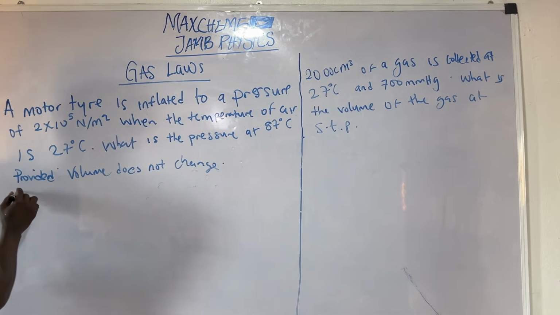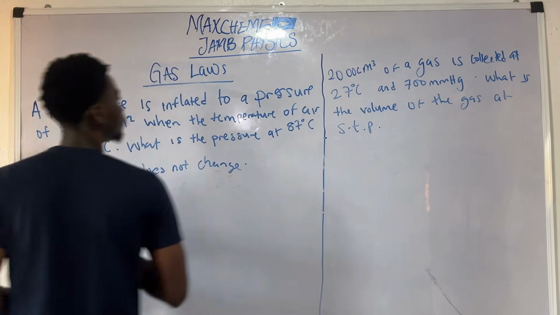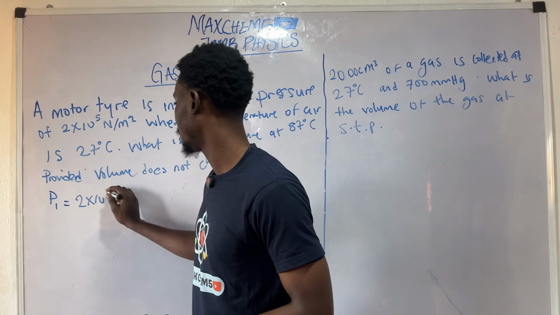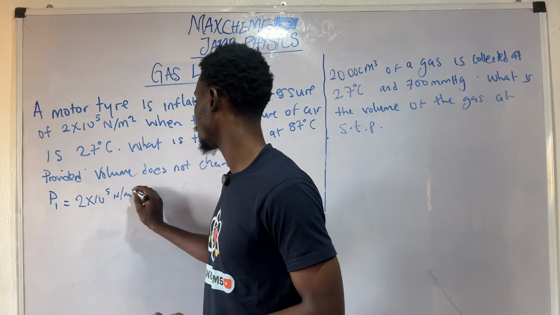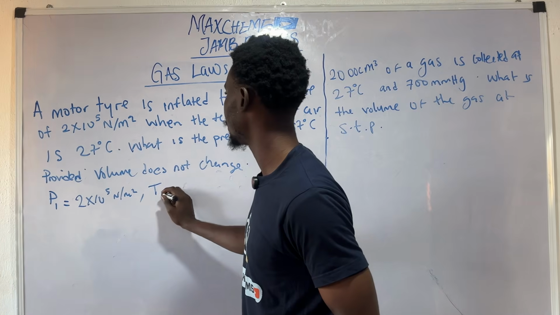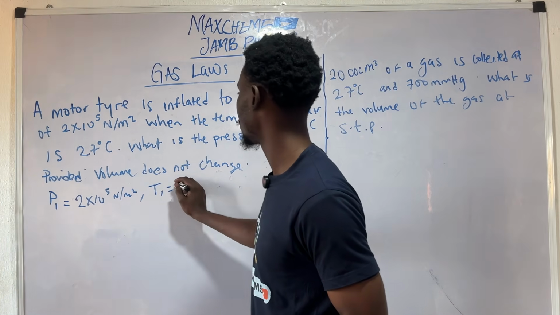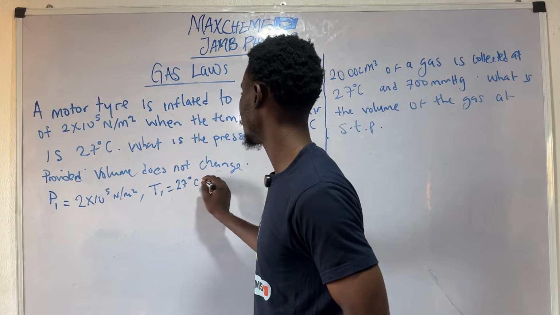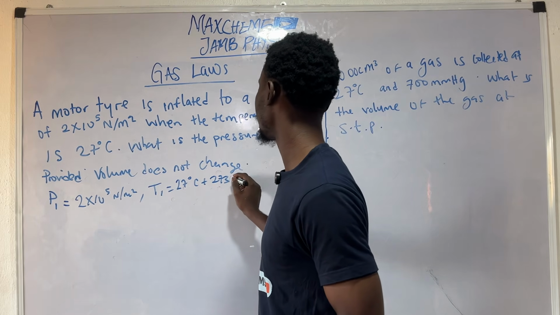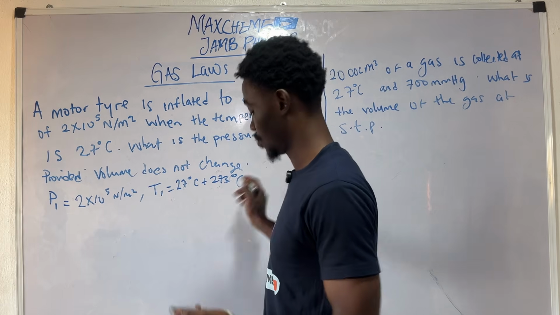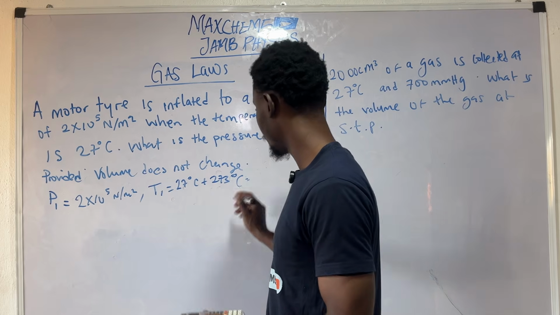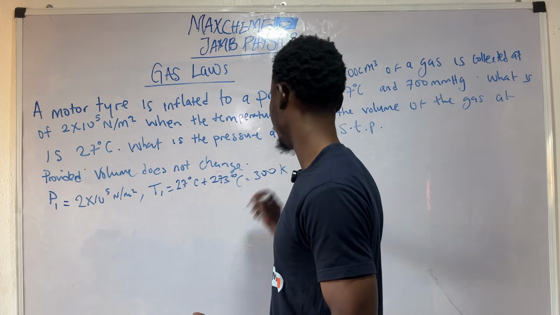So, our initial pressure, P1, is 2 times 10 to the power 5 Newton per meter square. What else do we have? Our initial temperature is 27 degrees Celsius. So adding 273 to convert it to Kelvin, we have 300 Kelvin.